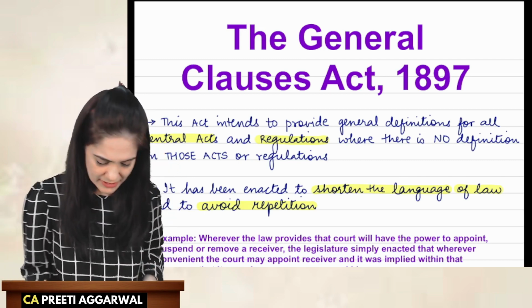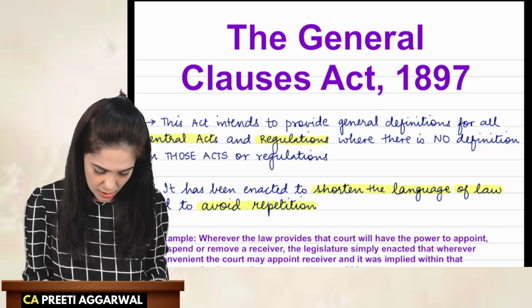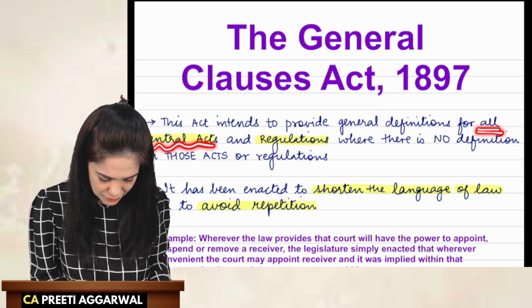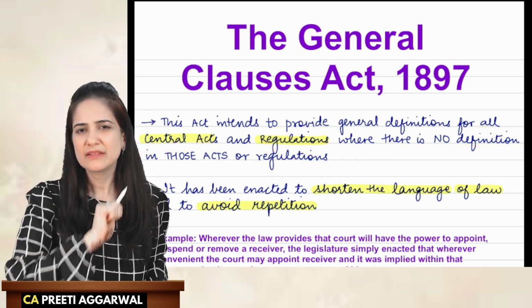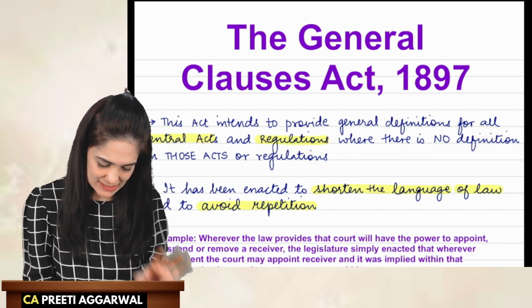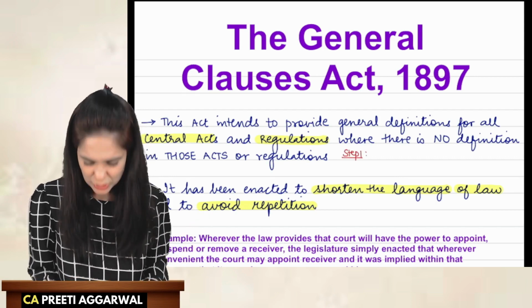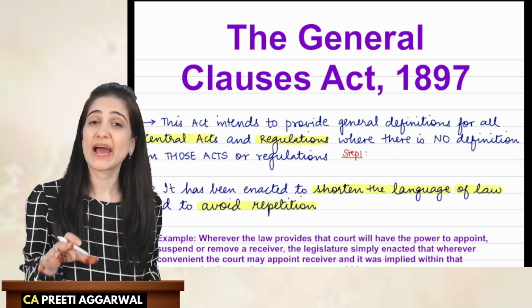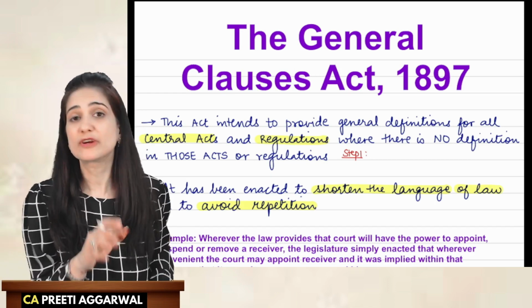This act intends to provide general definitions for all the central acts and regulations where there is no definition in that act or regulation. So my steps are going to remain the same. Step 1, I write and practice so that it fits in my mind. This is one of the acts which is very difficult to remember. It is very difficult to memorize.